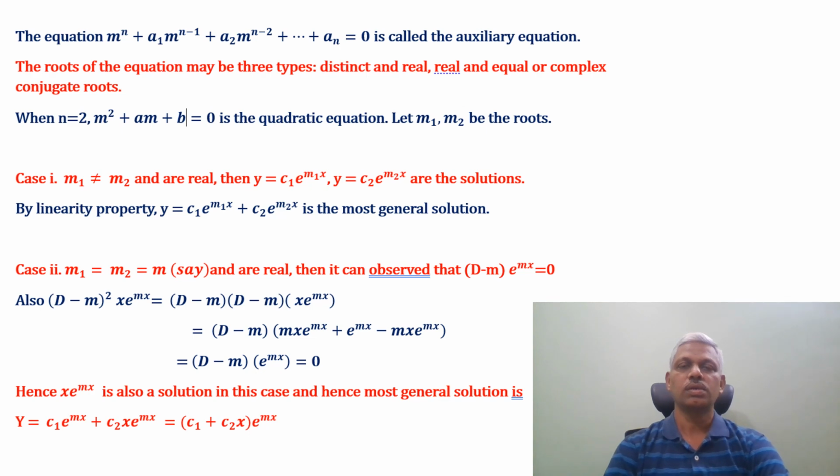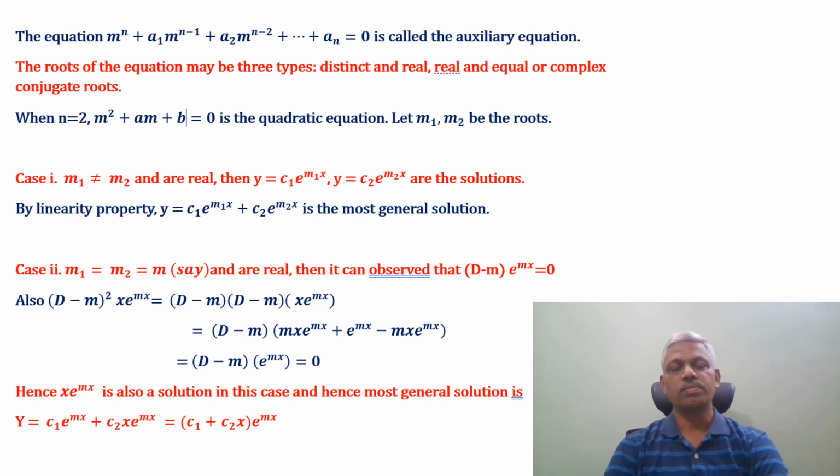In this case, y1 is equal to c1 e power m1x and y2 is equal to c2 e power m2x are the solutions, because the general solution is assumed to be y is equal to e power mx, and we have solved the auxiliary equation; m1, m2 are the roots. Then by the property of linear differential equations, any linear combination of the solutions is also a solution, which is the general form. So y is equal to c1 e power m1x plus c2 e power m2x is the most general solution for the given differential equation when the roots are real and distinct.